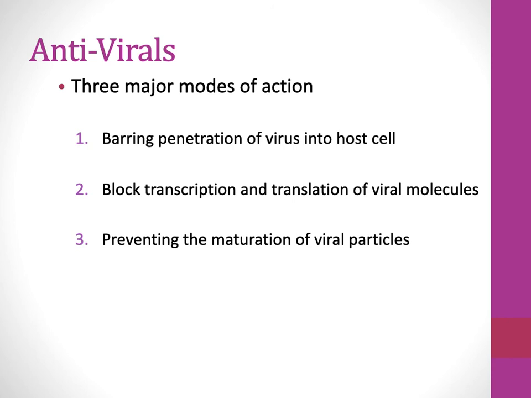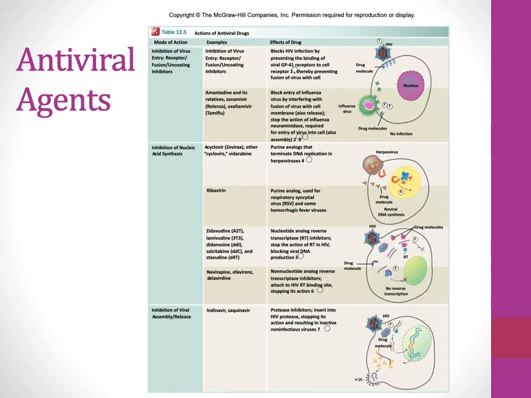That's the assembly and the release, okay? And so this chart does a nice job of summarizing the different modes of action. So again, entry, production, and assembly and release. And it gives you some different examples.